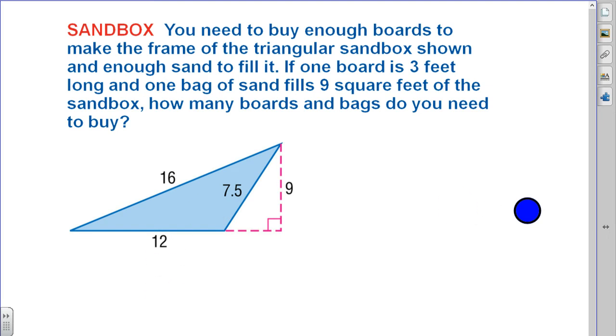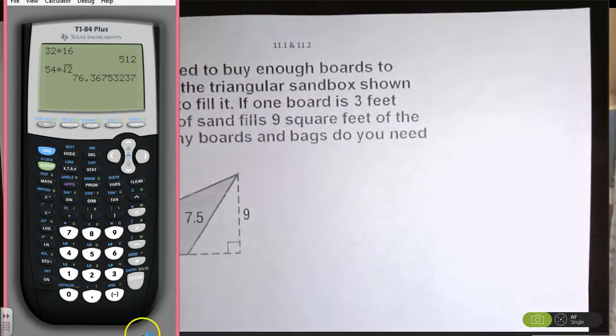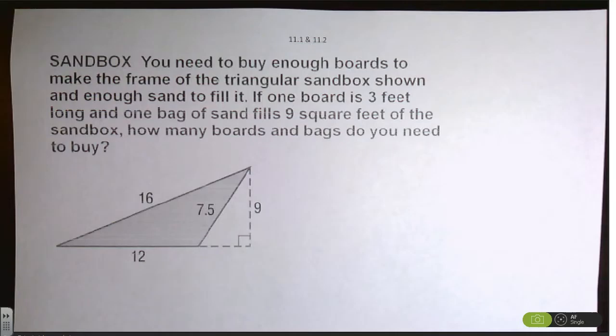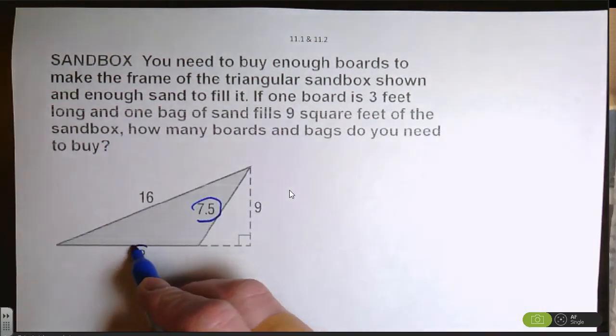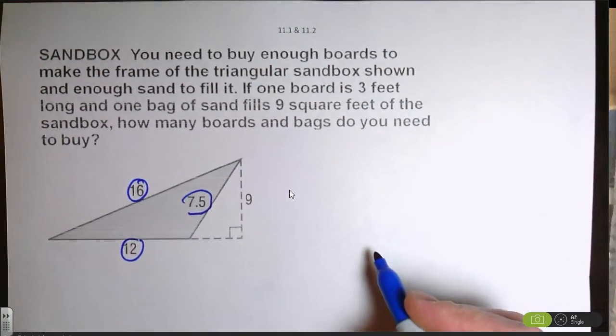Okay. All right, the board should be hopefully relatively easy. Because it's a distance thing. So one board is 3 feet long. So we look at our drawing here. We're looking for perimeter. Perimeter is all three of those added together.